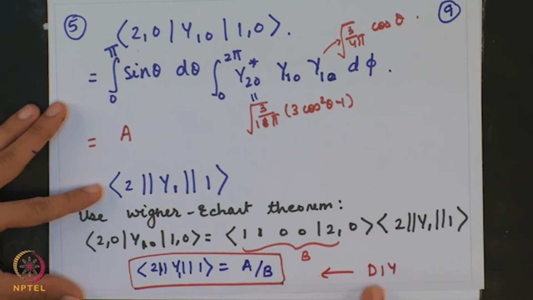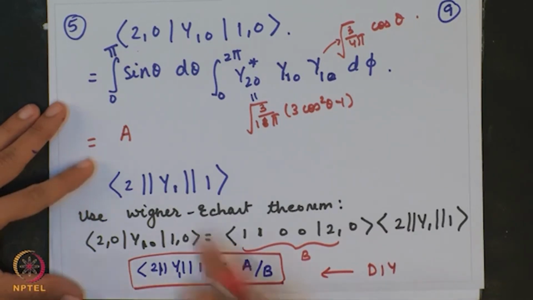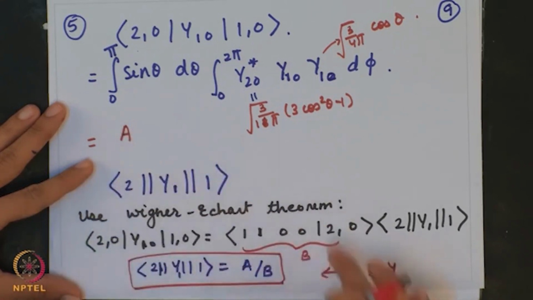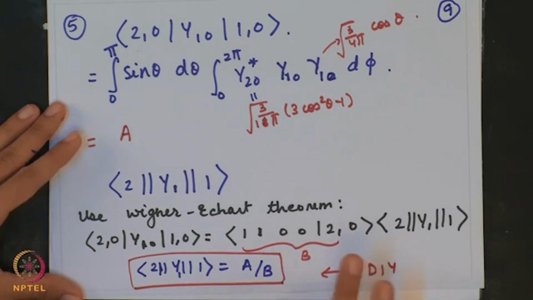Okay. So, do it yourself and check whether you get this ratio. This will be a number, this will also be a number, the B part will also be a number, some square root of something. Here also you will have some number, and just take the ratio of these two and you are done. It is not at all difficult.